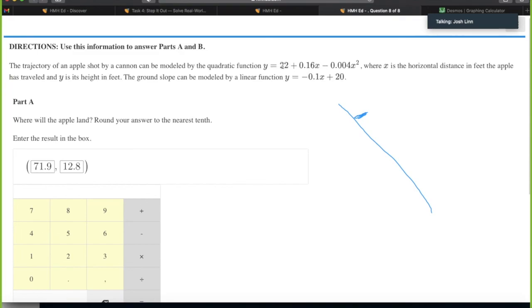So at x equals 0, we've got our 22, whereas our linear function at x equals 0, y would be 20, and so our cannon starts just a little bit away before the apple goes. So hopefully that makes sense. Again, that's a little weird and convoluted, but we made it.